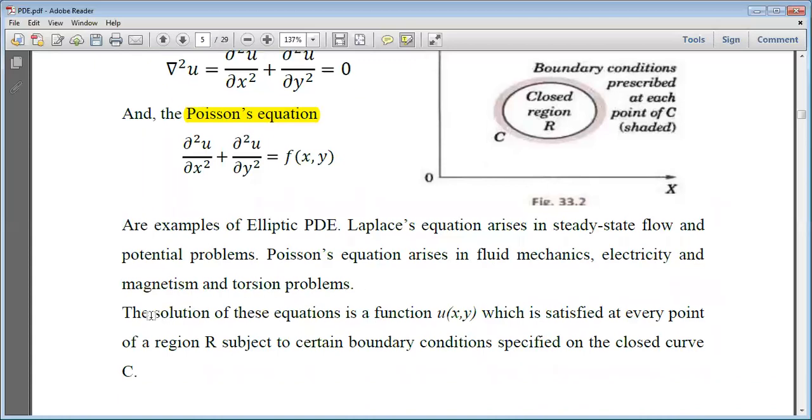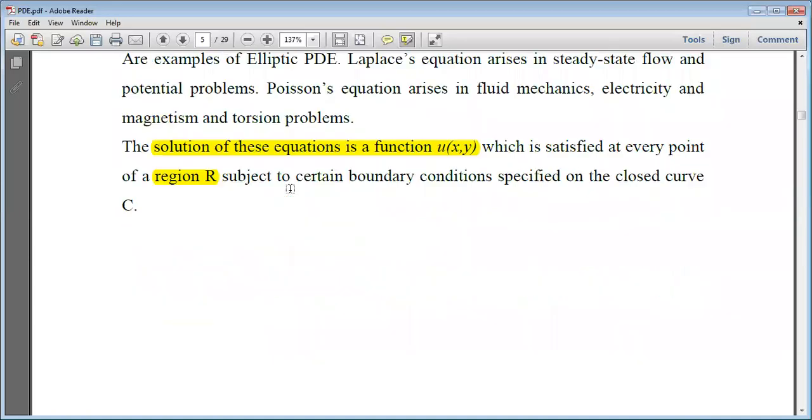The solution of these equations is any function u(x, y) which is satisfied at every point of a region R, subject to certain boundary conditions specified by a closed curve C. The closed curve C defines the boundary conditions and encloses a certain region R. We have to identify the function u at any point (x, y) which satisfies these boundary conditions specified by the curve C. That is the solution of this particular elliptic partial differential equation.